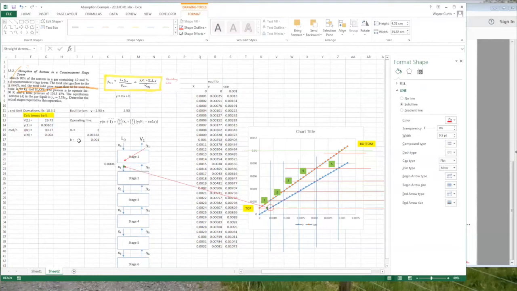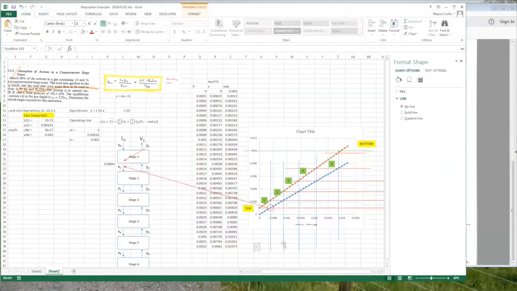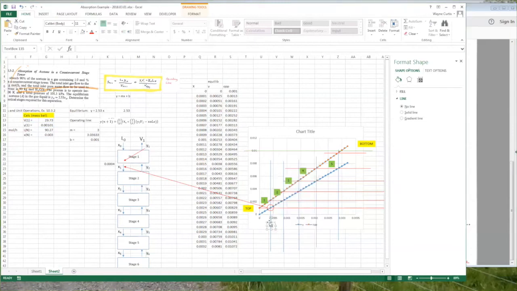Since I now know x1, this is x1, this point right here.